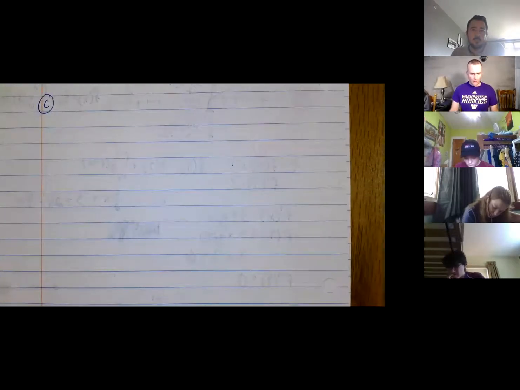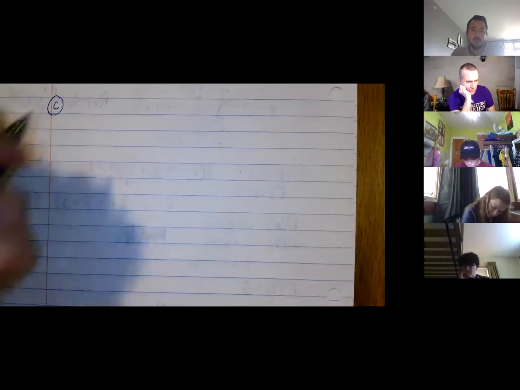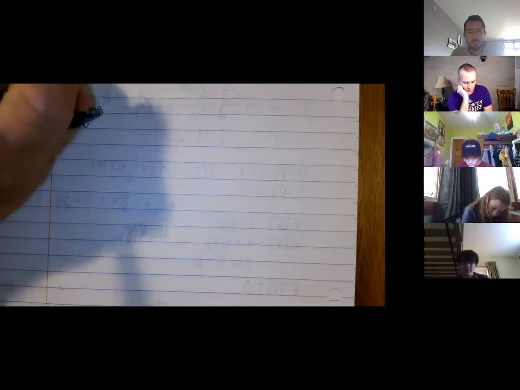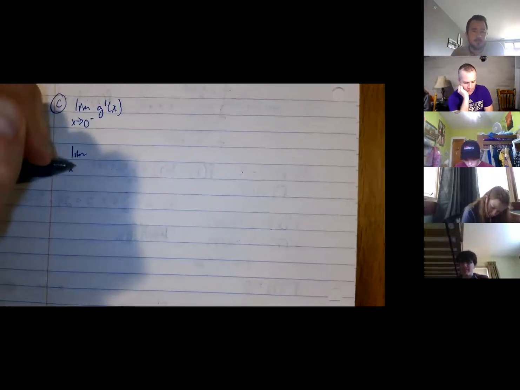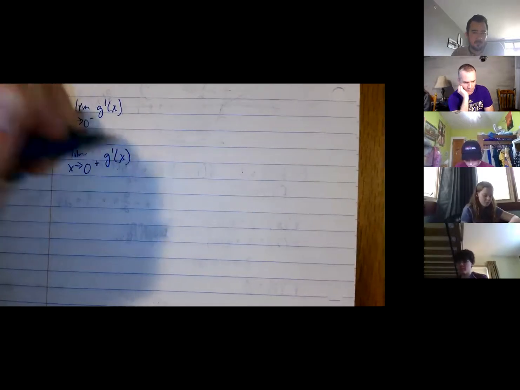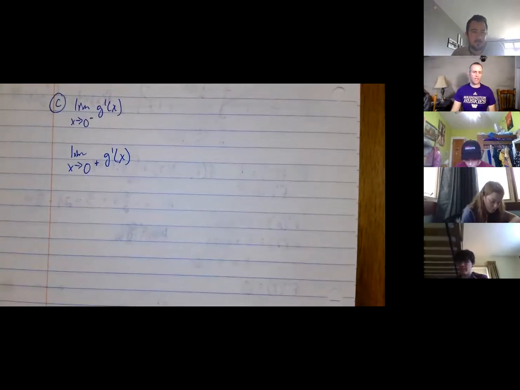All right, part C. Part C says, for each limit as x approaches 0 from the left of g prime of x, and the limit as x approaches 0 from the right of g prime of x, find the value or state that it does not exist.